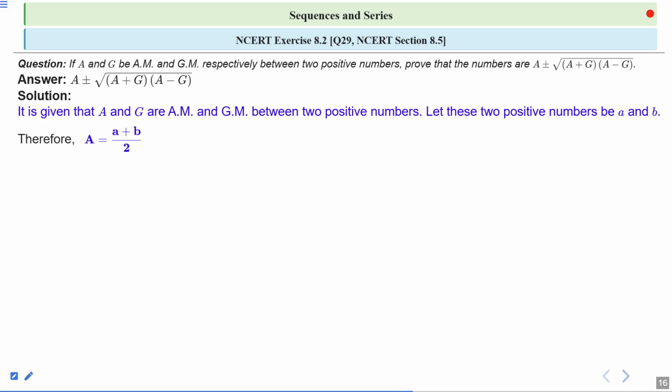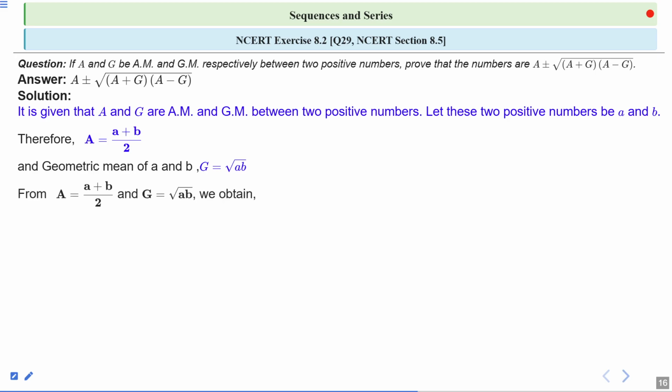We know the arithmetic mean of two numbers a and b is basically equal to a plus b by 2. So here capital A is equal to a plus b by 2, and the geometric mean of a and b, that is G, is equal to square root of ab.